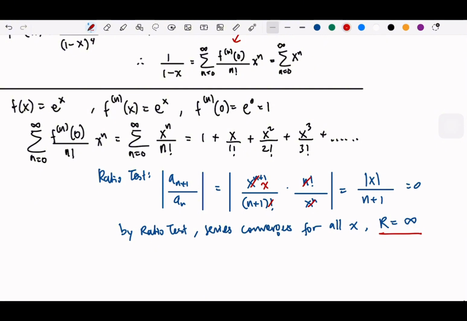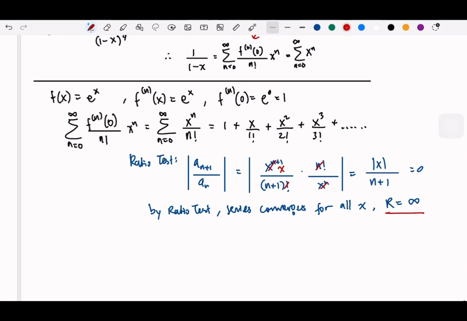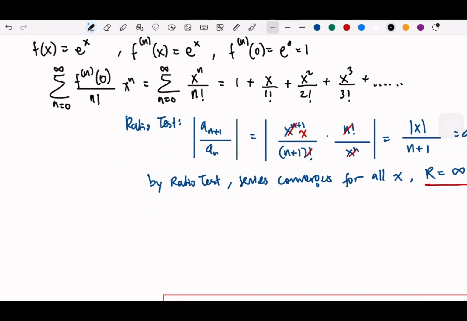Okay, but there is another question. If from here we know that e to the x is the sum of this, right?